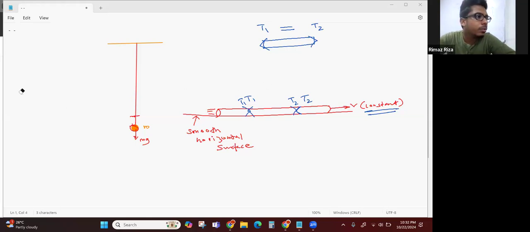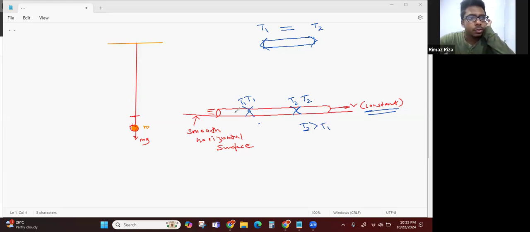Yeah, so how could you explain is what I've explained. You can say, suppose the tension is different in the string, right? Then you can mark this T1, T2 like this. You draw this string and then mark T1 and T2, and then you say, suppose T2 is greater than T1.